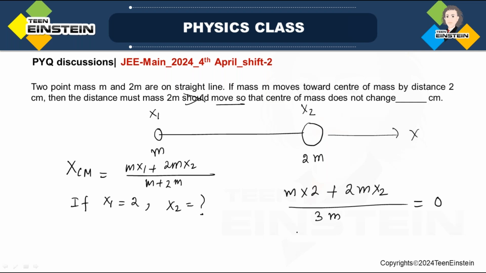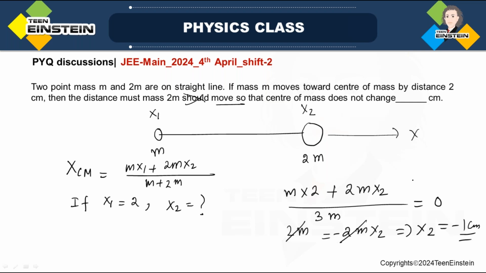So from here we'll be able to find out x2. Then I can write 2m equals minus 2m x2. So this 2m cancels out, and x2 I get as minus 1 centimeter.